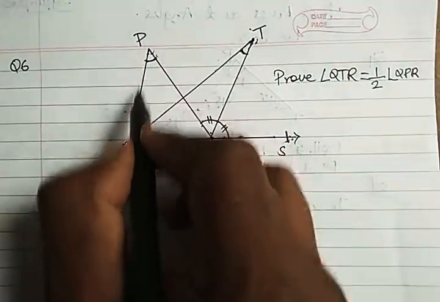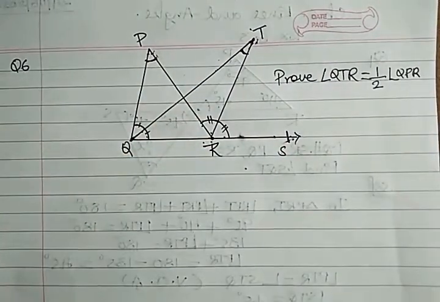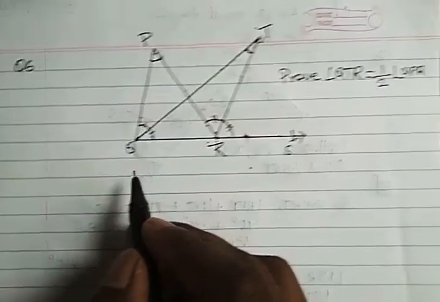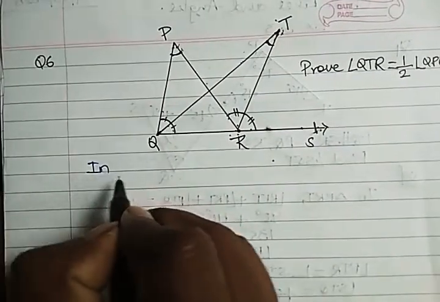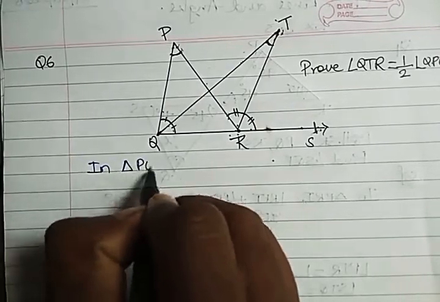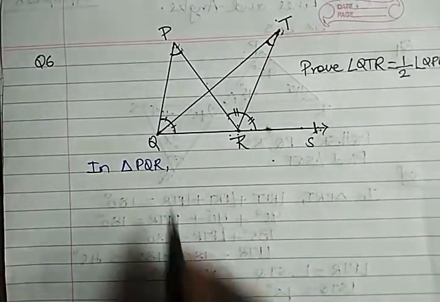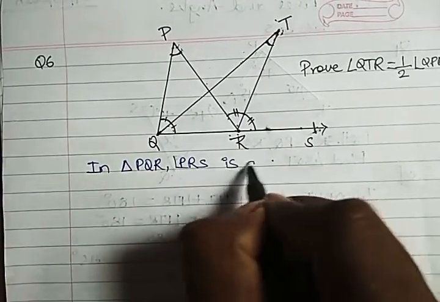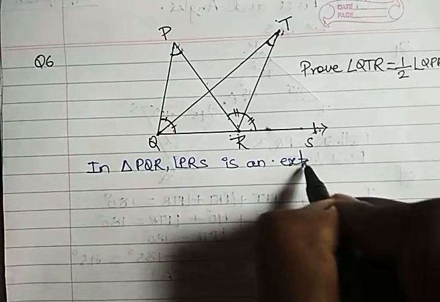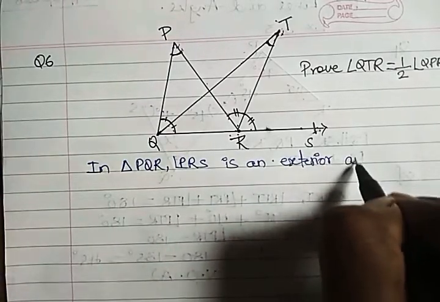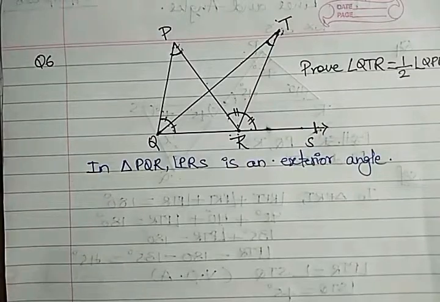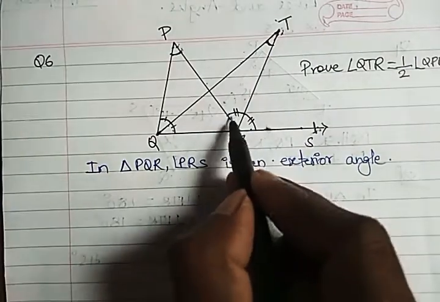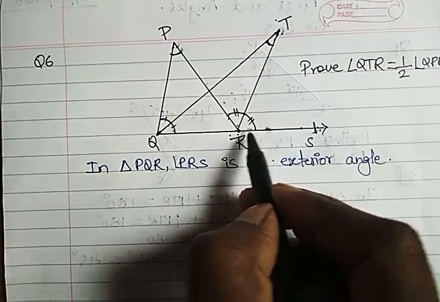Triangle PQR. If you see this triangle PQR, in this triangle PRS is the exterior angle. In triangle PQR, PRS is an exterior angle. So we will write the exterior angle property. For this exterior angle, what are the interior opposite angles?